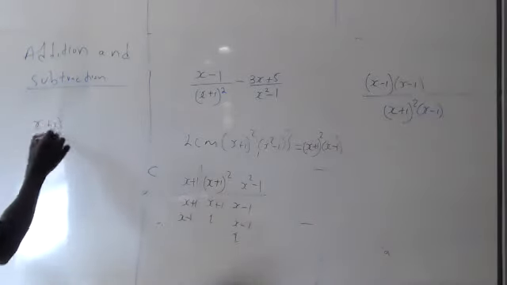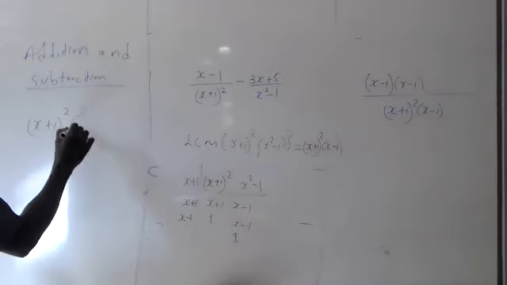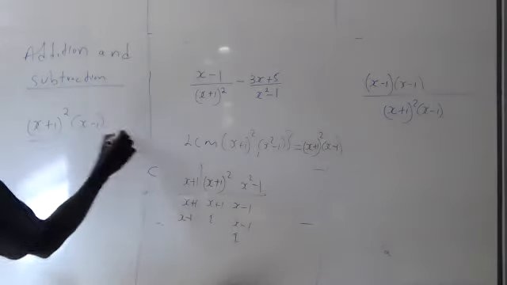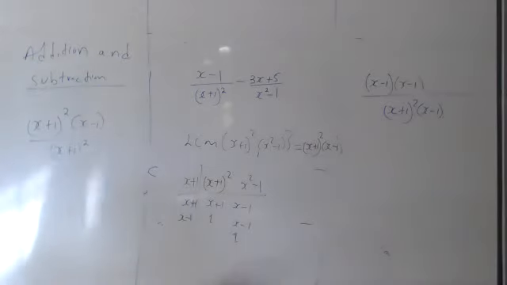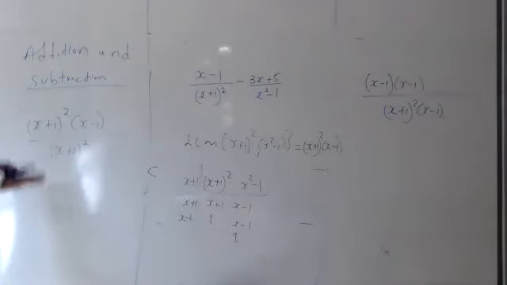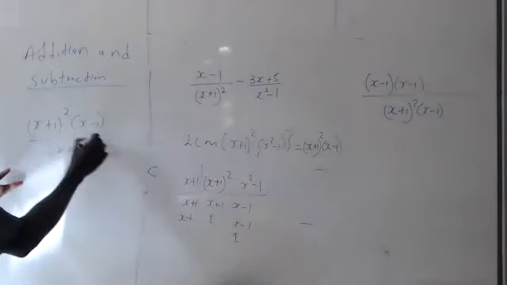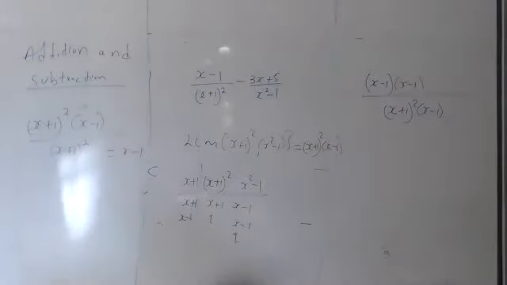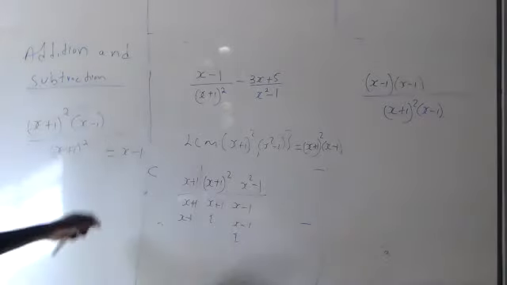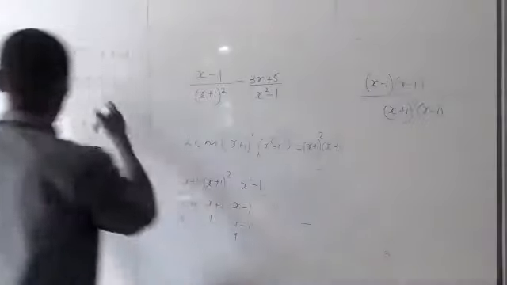You have x plus 1 squared times x minus 1 divided by x plus 1 squared. How do you do division? In this case, you have common terms. Just cancel out the common terms. And your answer is x minus 1. Okay, I've understood. Thank you.